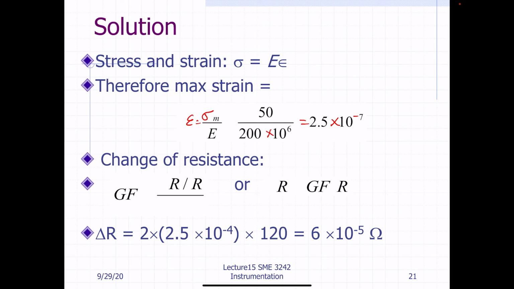From the second equation, change of R over R equals gauge factor multiplied with strain. From the calculation, we get the change of resistance equal to 6 × 10^-5 ohm.